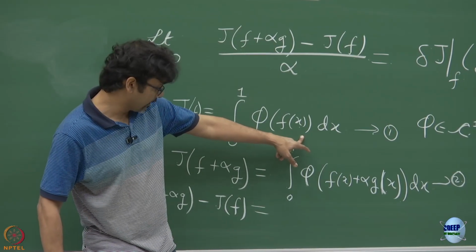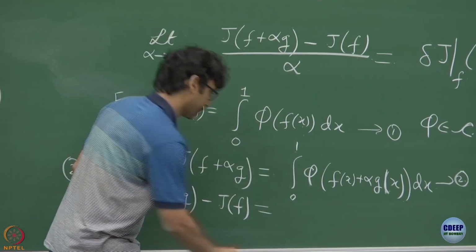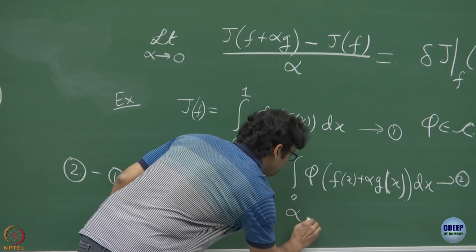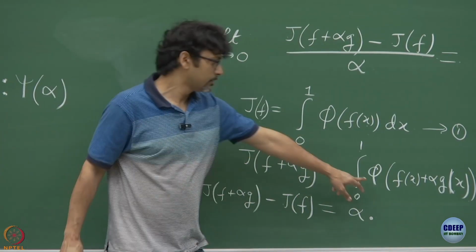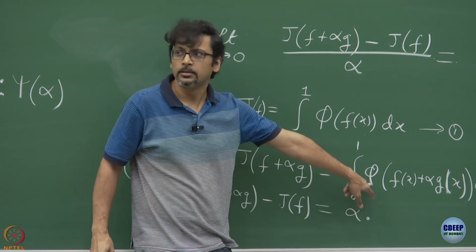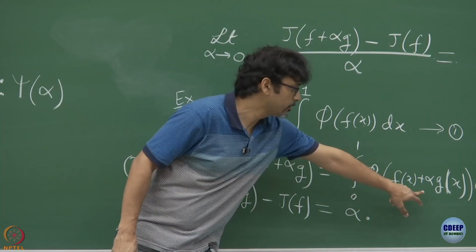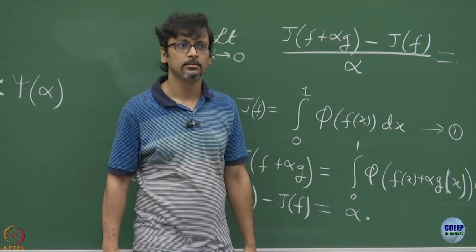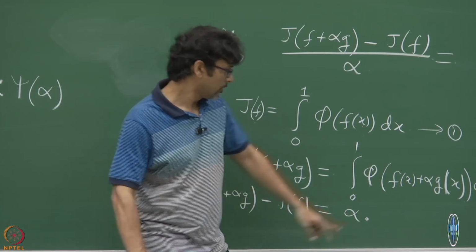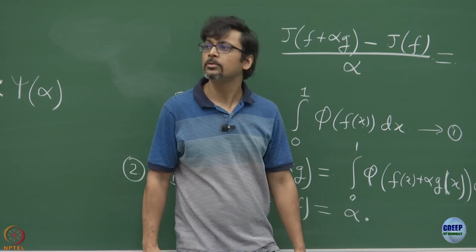So what will you be left with? Alpha times phi prime, right? The derivative of phi with respect to its argument, and then what else? What is the derivative being taken with respect to?